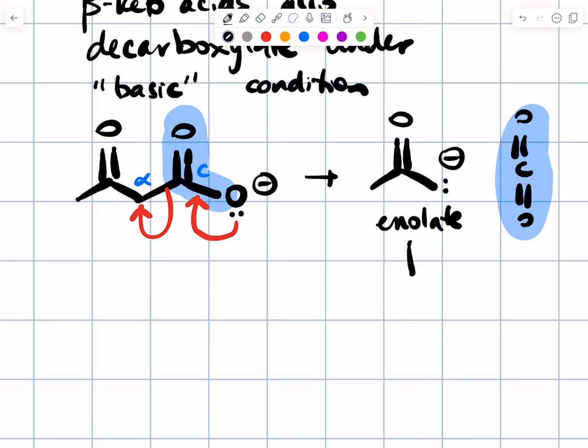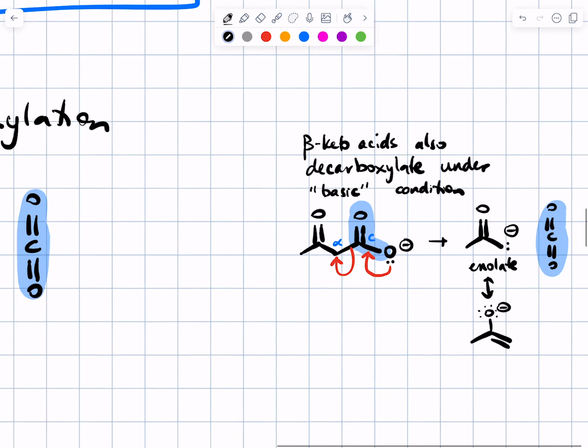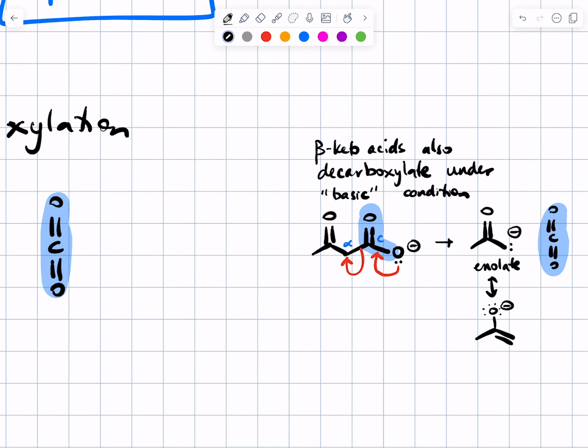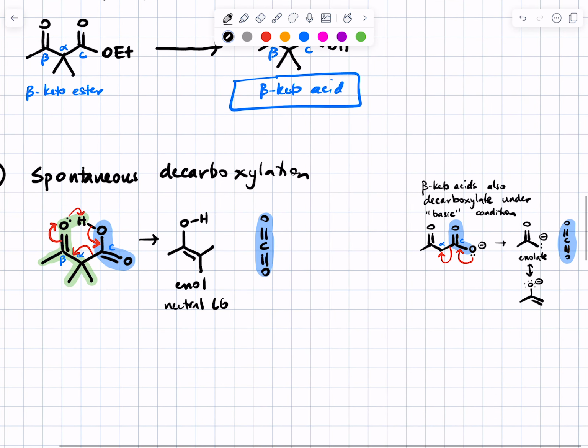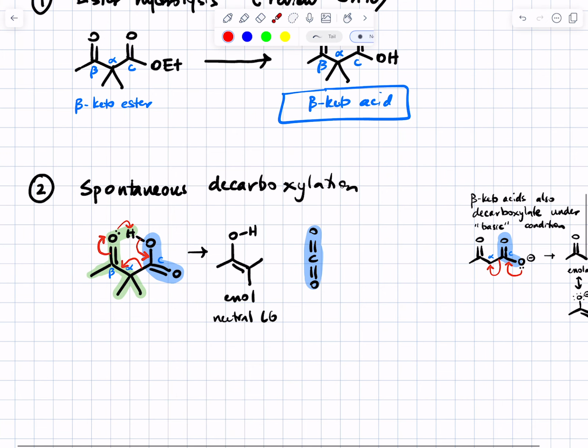But that is okay because the enolate is stabilized by resonance and can quickly pick up a proton in biology from some source. So mostly in biochemistry, you will see this kind of decarboxylation of a beta keto carboxylate. For today, with the acetoacetic ester synthesis, this can happen under acidic conditions too.